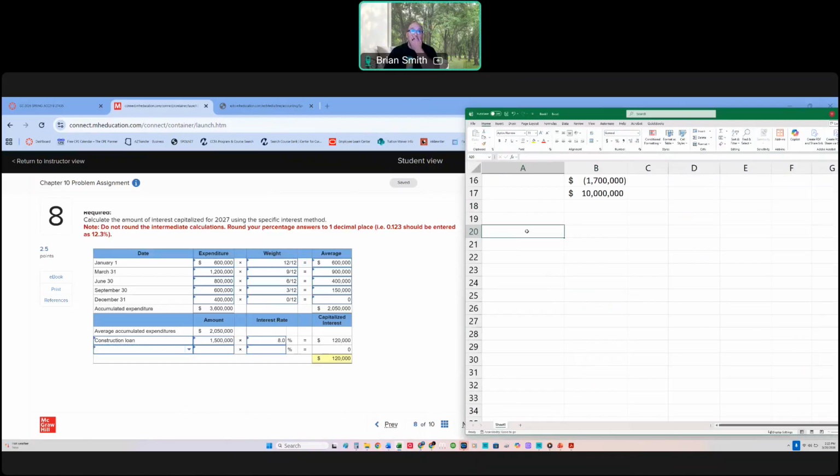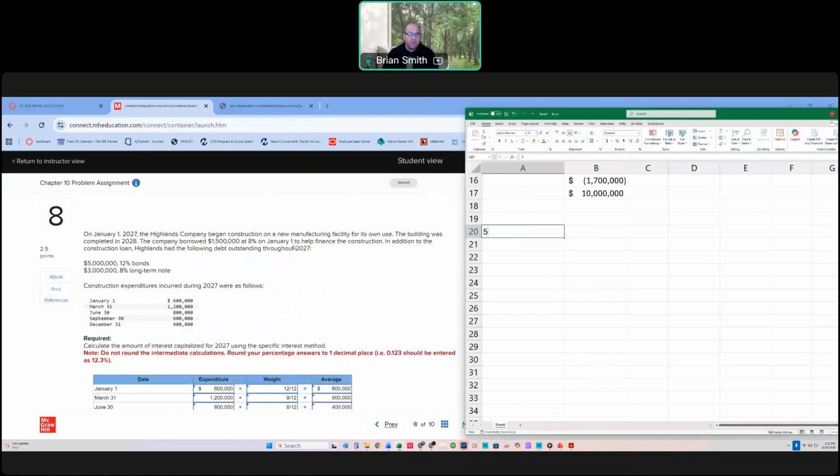So the weighted average of the other debt, we had them at 5 million at 12%, and then 3 million at 12%. Does it give us when they were outstanding throughout? So 0.08. So what do we get here? Just multiply these across. Oh, right, because this is the interest we're looking at here.